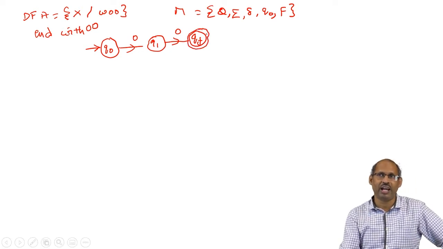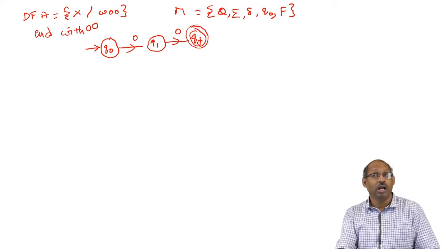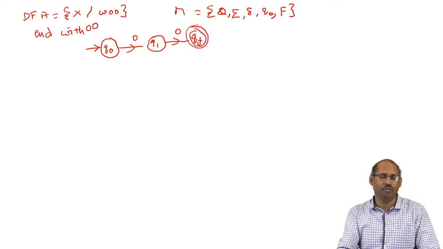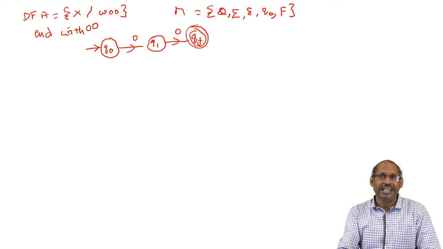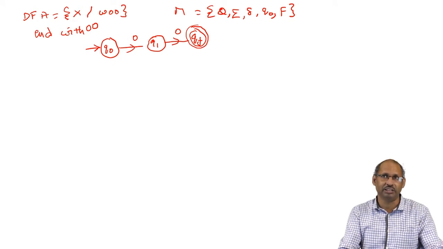The DFA says each state and each input symbol should have one and only one transition. We have considered the transitions for our condition, that is, two zeros should be there. Now we have to find the remaining transitions.